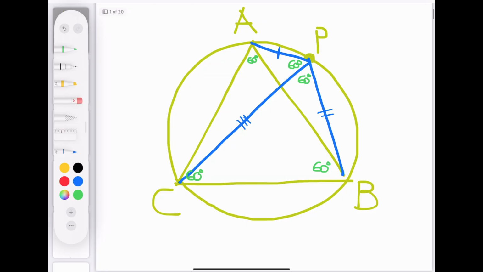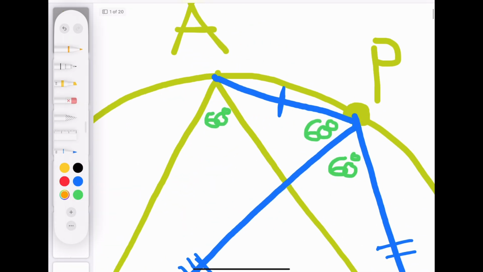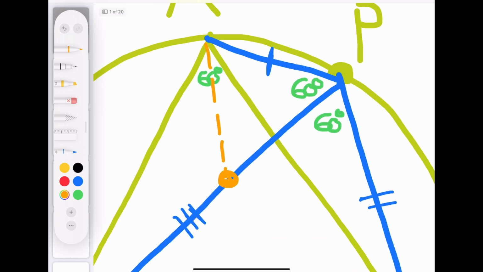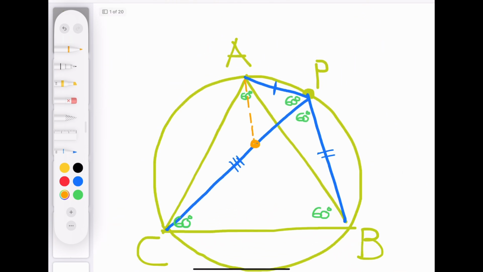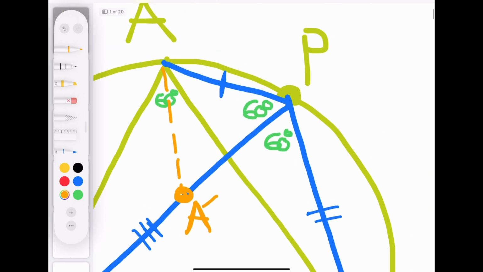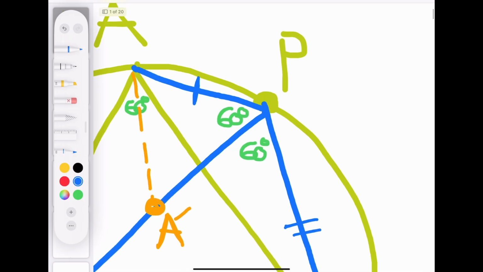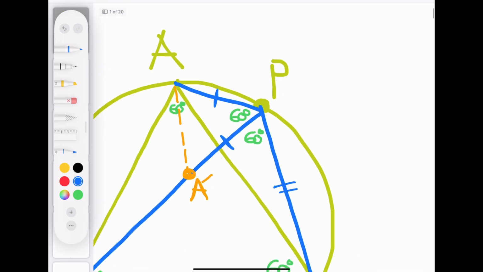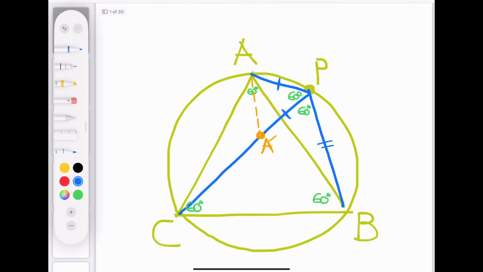So the idea now is I'm going to construct this point A prime along segment PC, so that A prime P is congruent to AP. And what does this do?